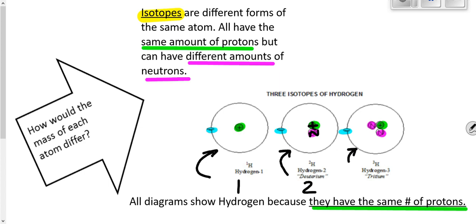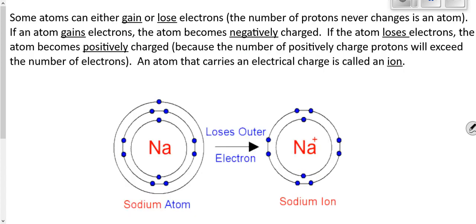And in the third one, we have 1 proton and 2 neutrons, which would weigh 3. So these are all hydrogen, because they all have only 1 proton, but the mass will differ because they're going to have different amounts of neutrons. And that's what isotopes are. Isotopes are what we call it when atoms get different numbers of neutrons.